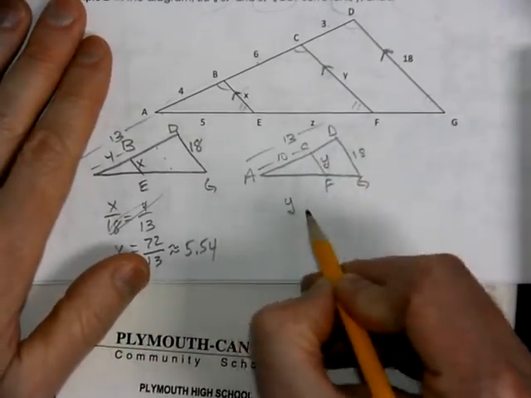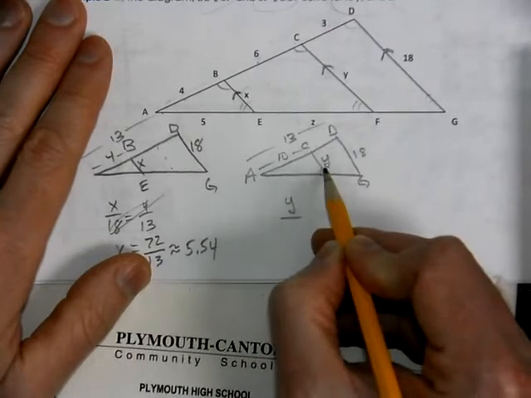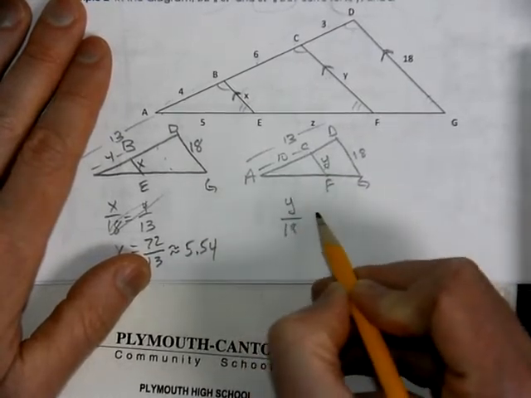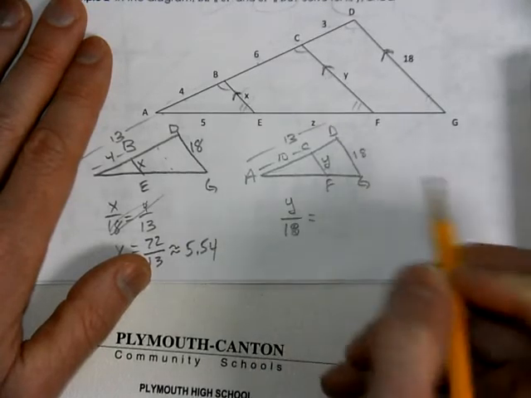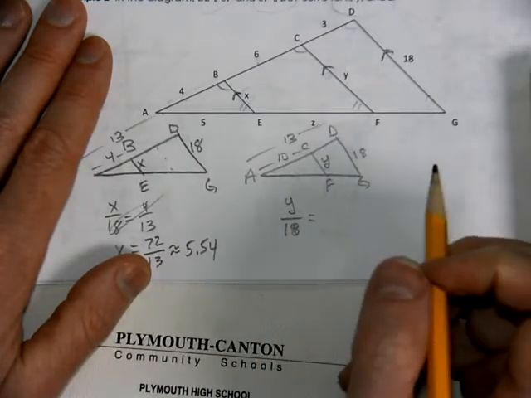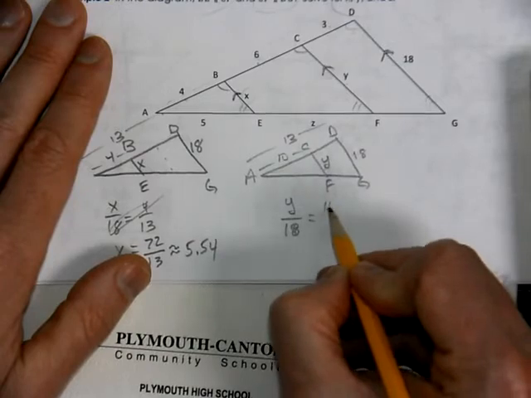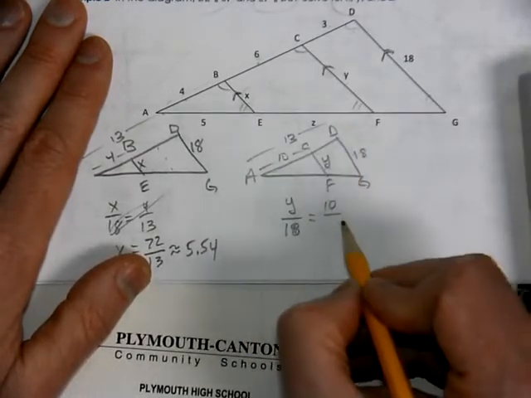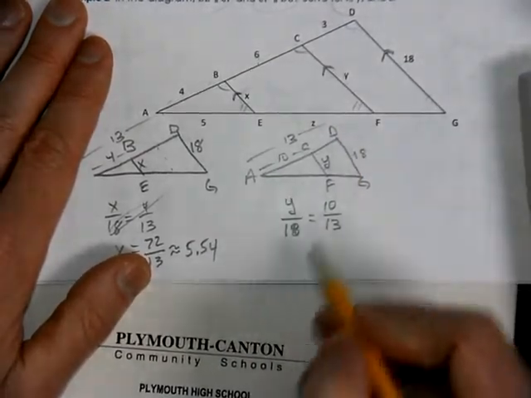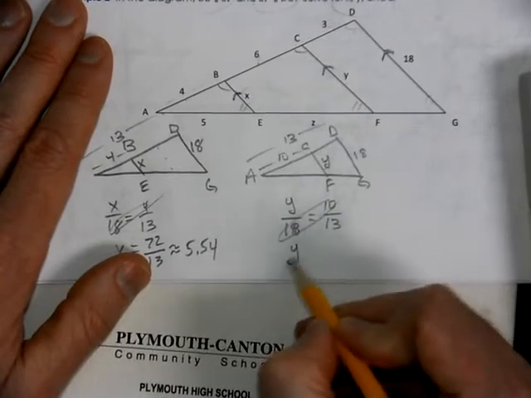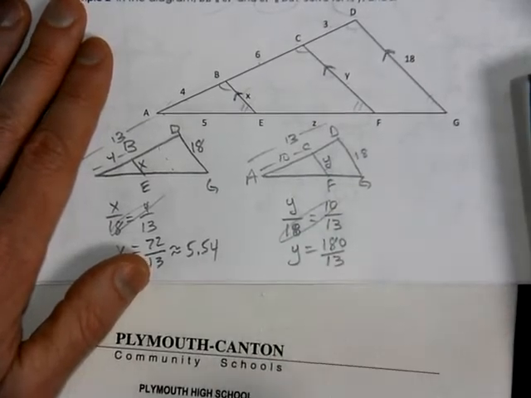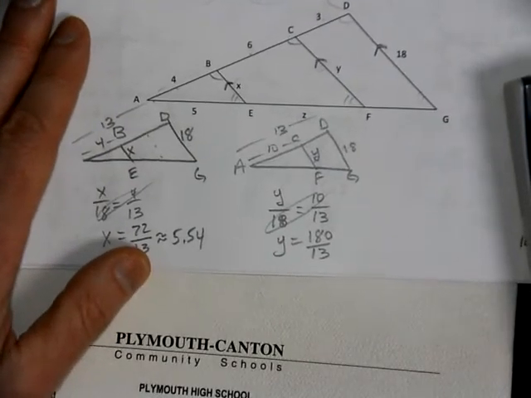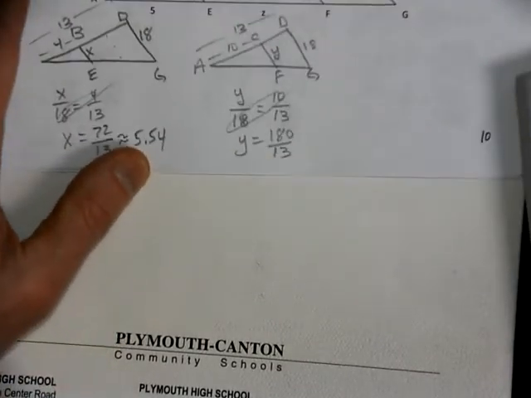So I can write a proportion. The small triangle y over the large triangle 18. Those are corresponding parts. Small triangle 10 over the big triangle 13. Those are corresponding parts. So I cross multiply.